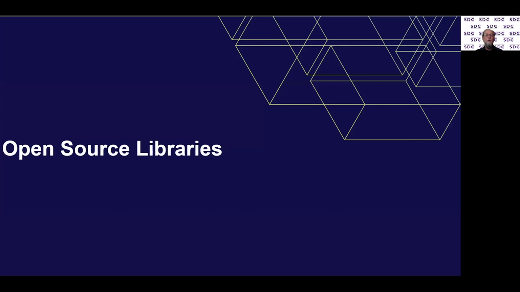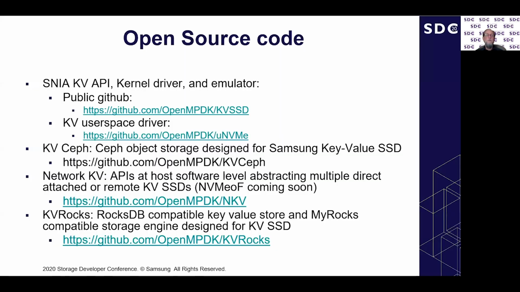Open source libraries. So Samsung has developed a number of open source libraries. The pointers to them are here. The slides are available to you as an attendee at the SDC conference. But we have KV API kernel driver and emulator that are available on a public GitHub.